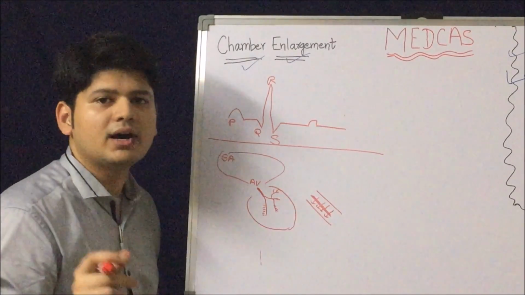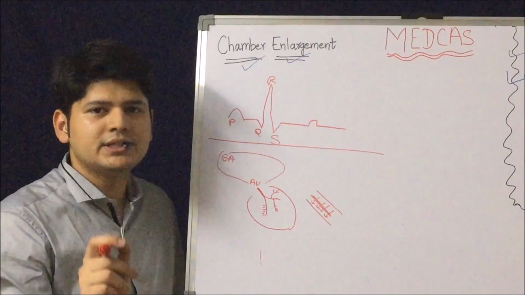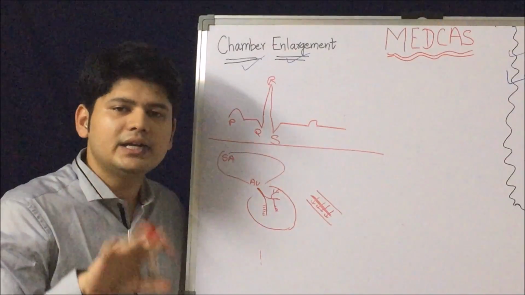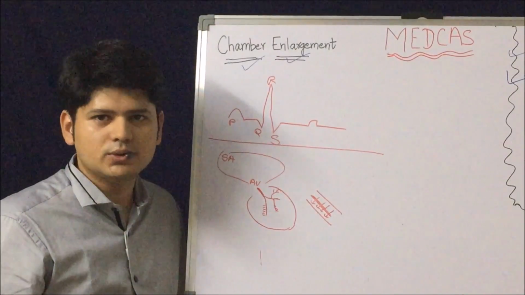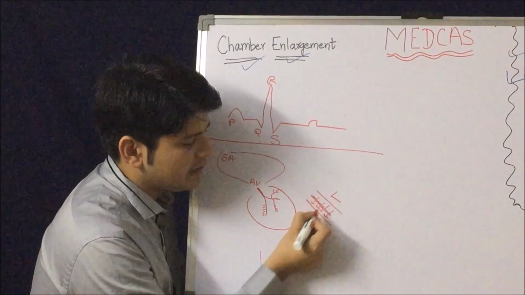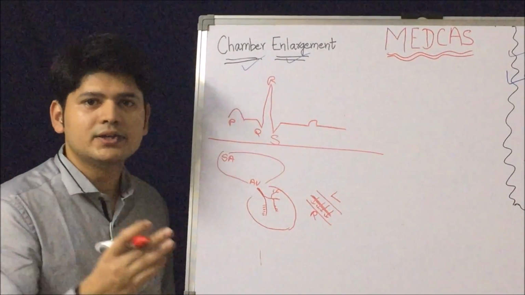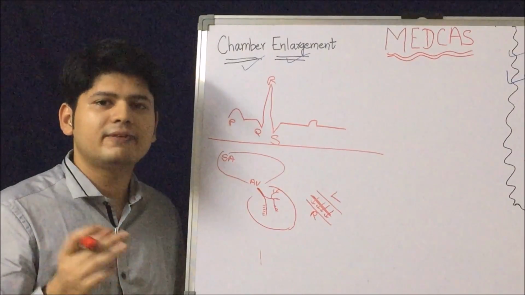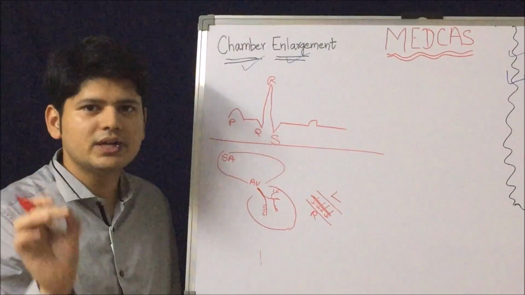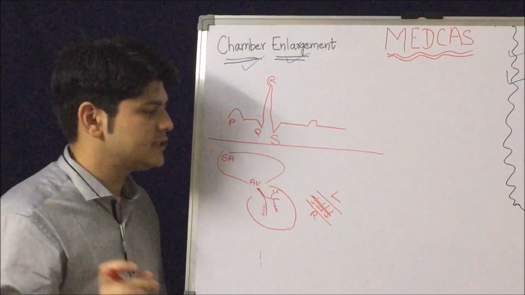Now what we remember is that a lead will record a positive impulse if the current is towards it, and a negative impulse if the current is opposite to it. So what we are saying is that it's going from the left towards the right, so it's opposite to the left. If I see the left leads, that is V5 and V6, I should get a negative deflection clearly. That's your Q wave.